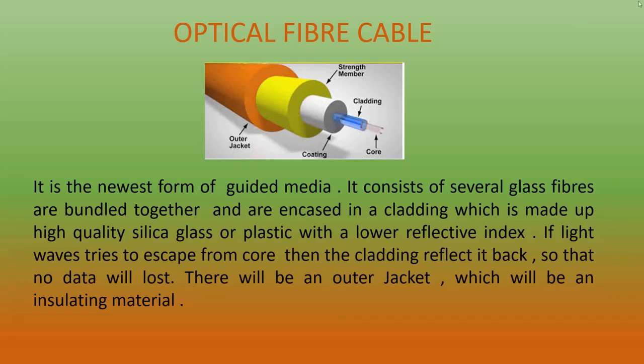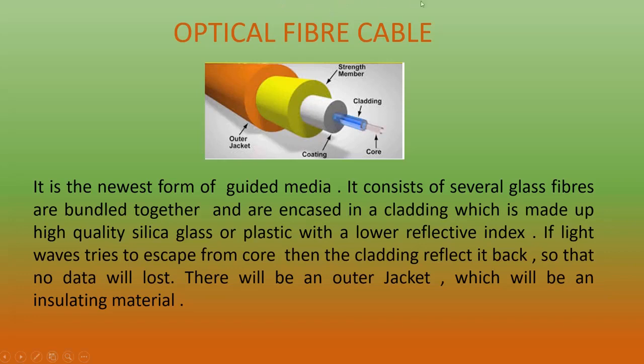The cladding is made up of high quality silica glass with a lower reflective index. If the light waves try to escape from the core, the cladding reflects them back to the core, so that there is no loss of data.